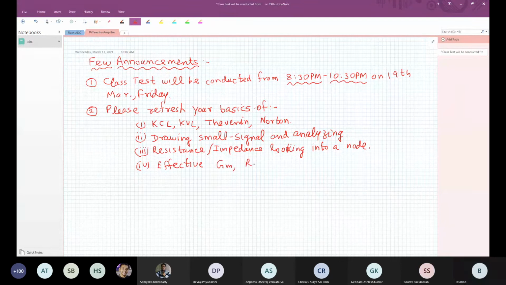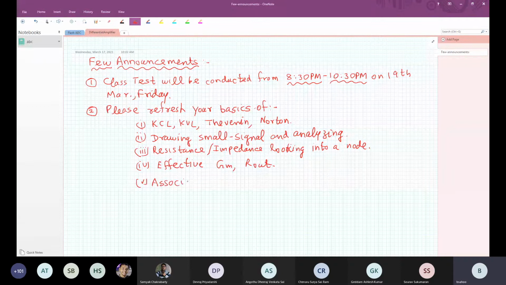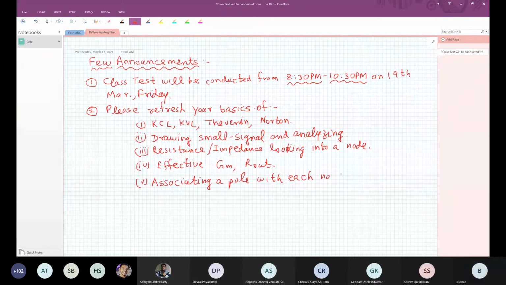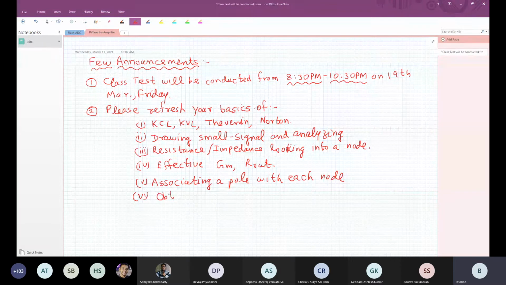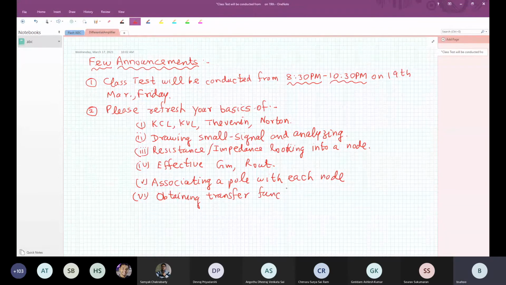Okay, and then fifth, associating a pole with each node, and six, obtaining the transfer function thereafter.